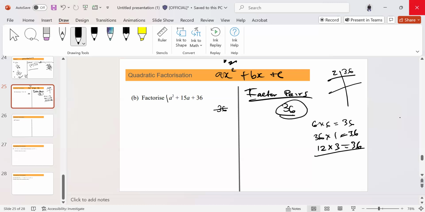So 2 into that, 2 into this will give us 18. And then it could have worked.